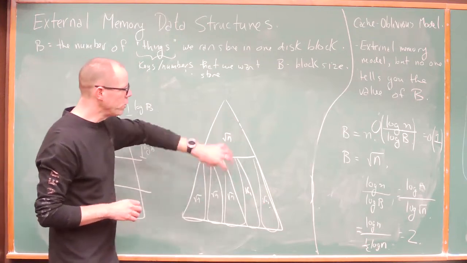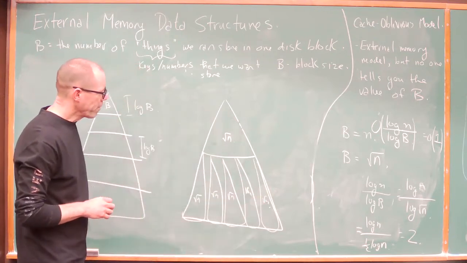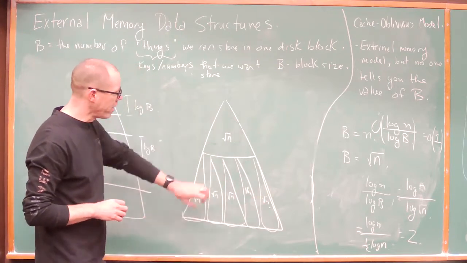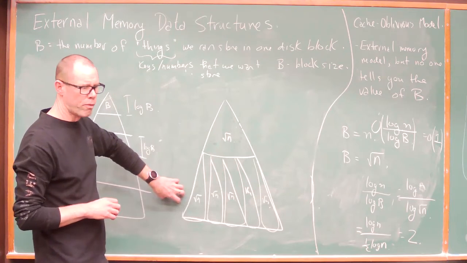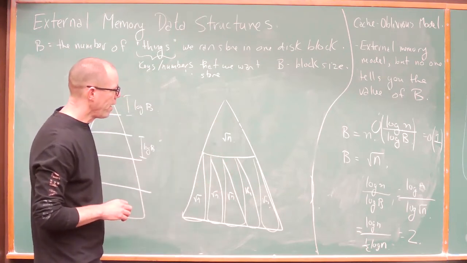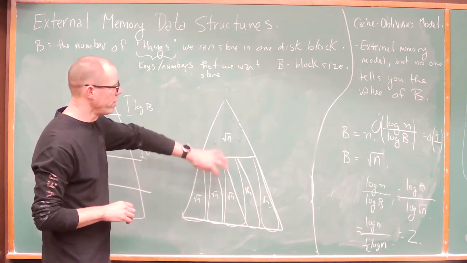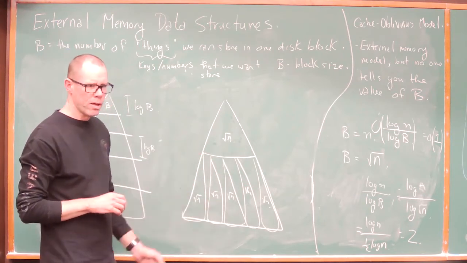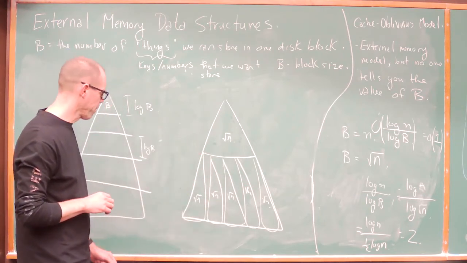But notice that this is only 2 IOs, so even if b was n, this would still be a good solution for b equals n. Maybe it does it in 2 IOs, and it could have done it in 1, but 1 and 2, that's only a factor of 2 difference.